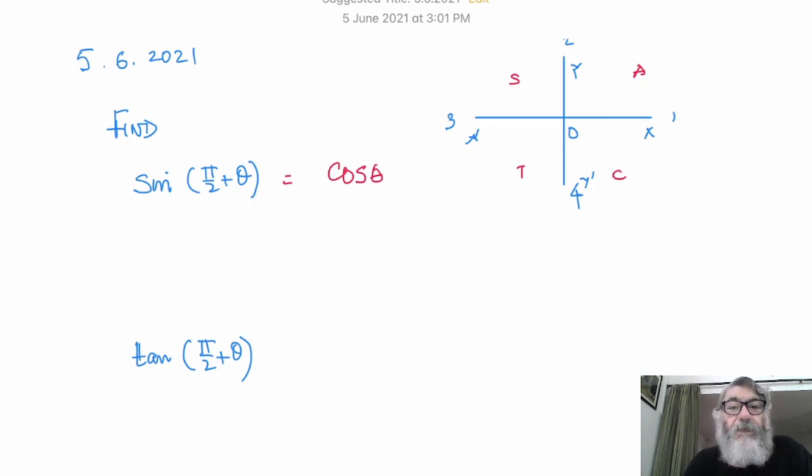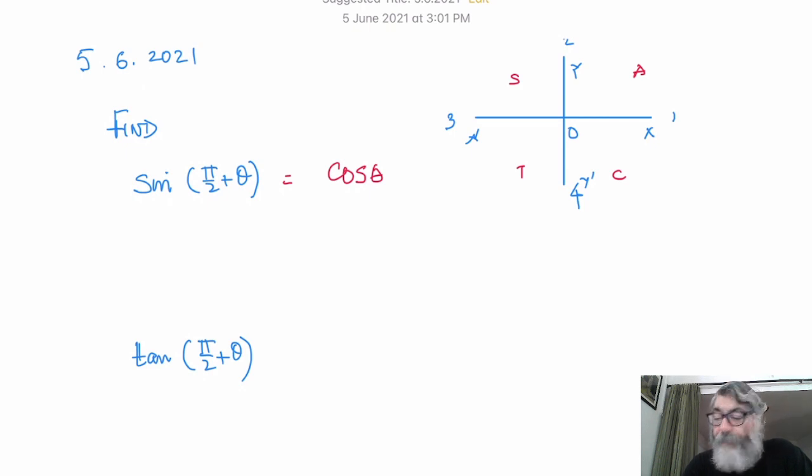In the first quadrant, all ratios are positive. In the second quadrant, only sine theta and cosec theta are positive. In the third quadrant, tan theta and cot theta are positive and the rest are negative. And in the fourth quadrant, only cos theta and sec theta are positive, the rest are negative.